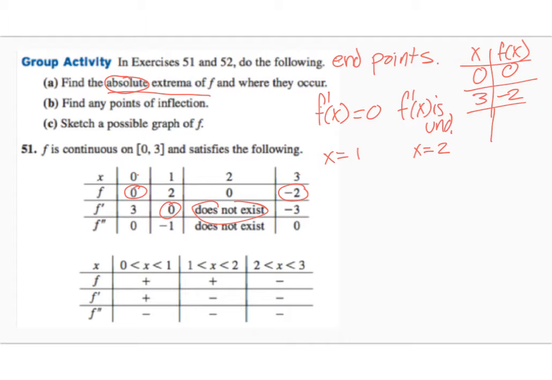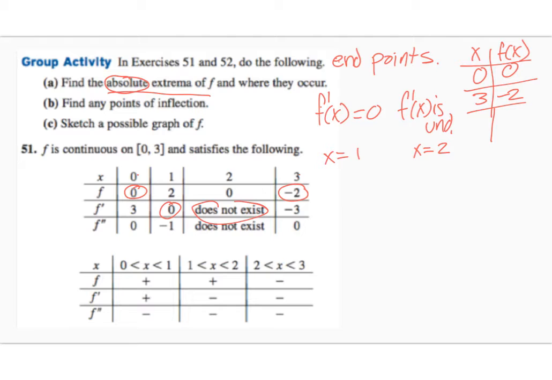All right, so what I'd like to do is take a look at the bottom chart, and looking at this bottom chart, we're going to get some information about this graph. The first thing I notice is that between 0 and 1, our graph is positive. Between 1 and 2, our graph is positive.